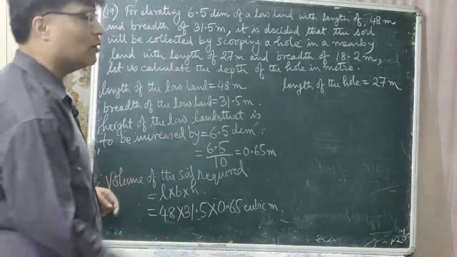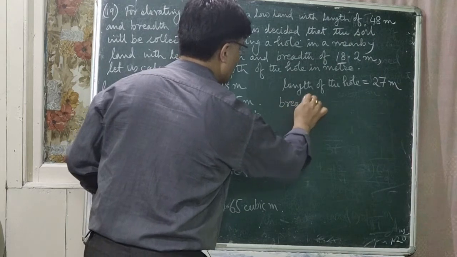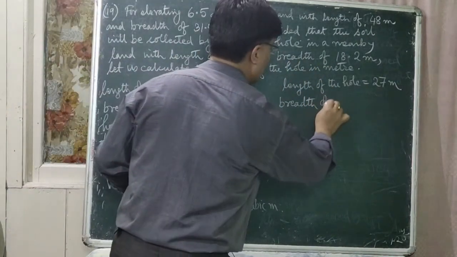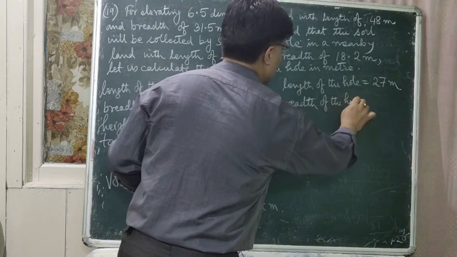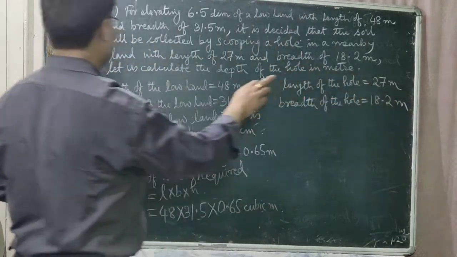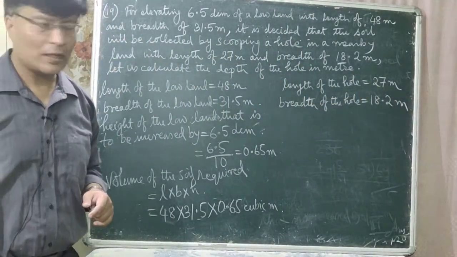What is the breadth of the hole? 18.2 meter. Breadth of the hole is equal to 18.2 meter, right? Let us calculate the depth of the hole in meter.